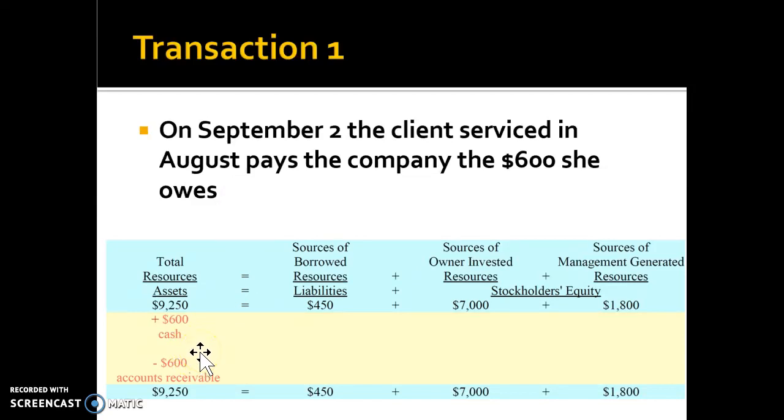When that happens, we know that cash increases, right? So you go back to analyze the transaction. We first go back to our equation and look at what kinds of things increase or decrease. When someone pays the company money, the company obtains cash, so cash increases.